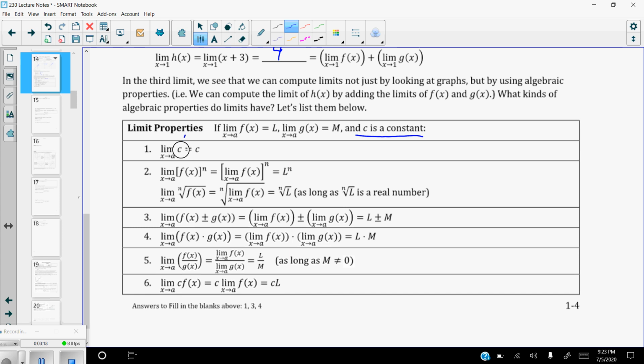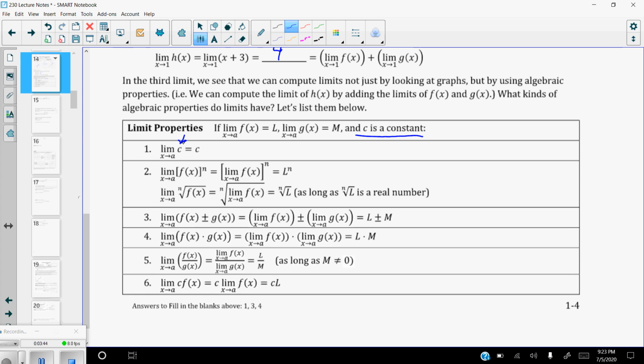If the function is just a number, so y equals 5, y equals -7, y equals 3, y equals 10, it's just a horizontal line. So no matter what x value approaches on a horizontal line, the y value is always the same. So the limit of any constant is just the constant. It really doesn't make any difference what x approaches.